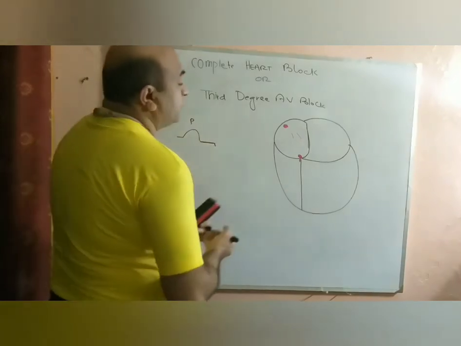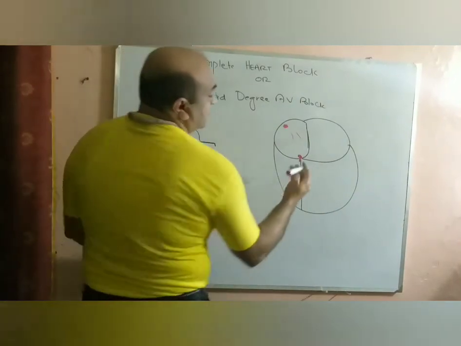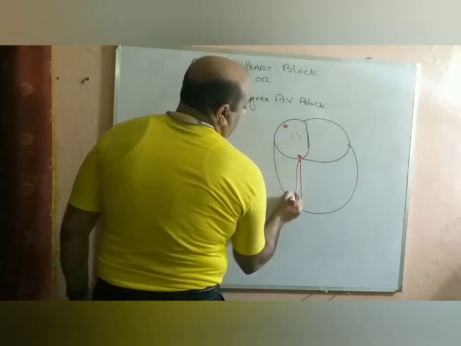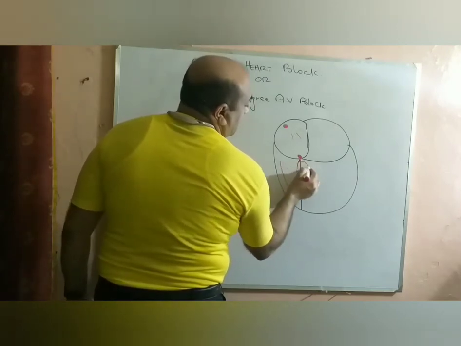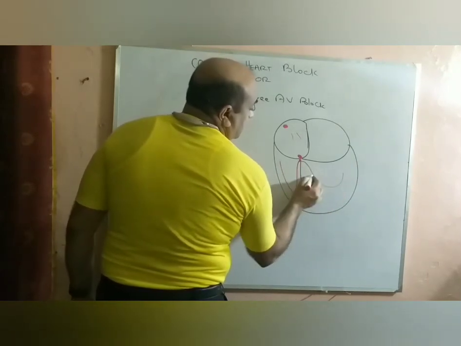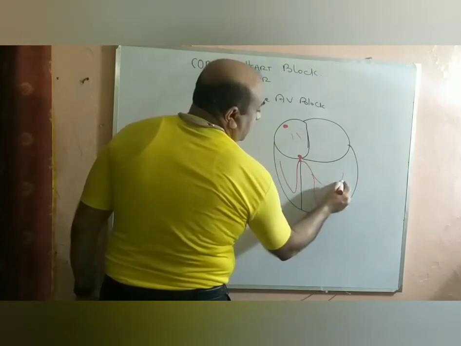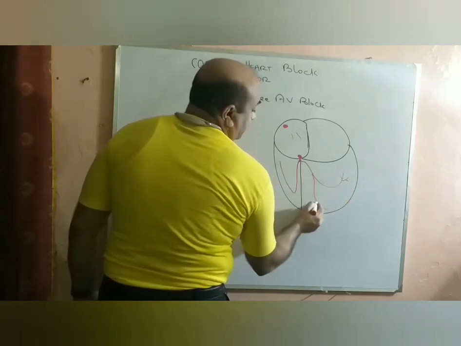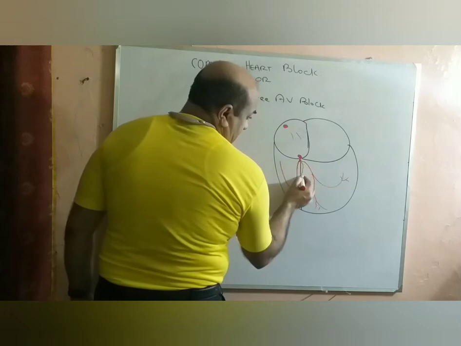From the bundle of His, this impulse travels into the right bundle branch and left bundle branch, which has a posterior fascicle and anterior fascicle, and the septal branch.